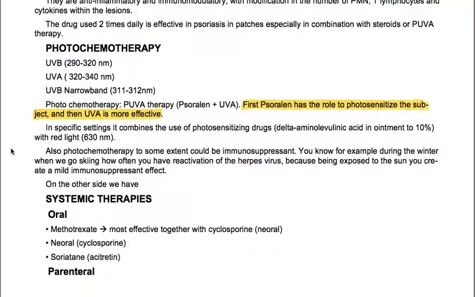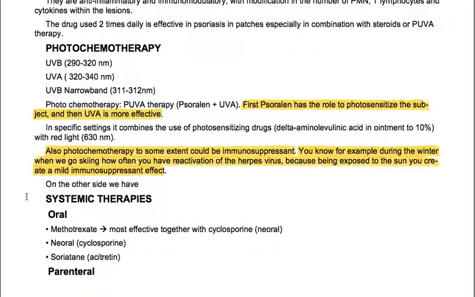In specific settings, it combines the use of photosensitizing drugs like delta-aminolevulinic acid in 10% ointment with red light, 630 nanometers. Also, photochemotherapy to some extent could be immunosuppressant. For example, during the winter, when we go skiing, how often you have reactivation of the herpes virus, because being exposed to the sun, you create a mild immunosuppressant effect.